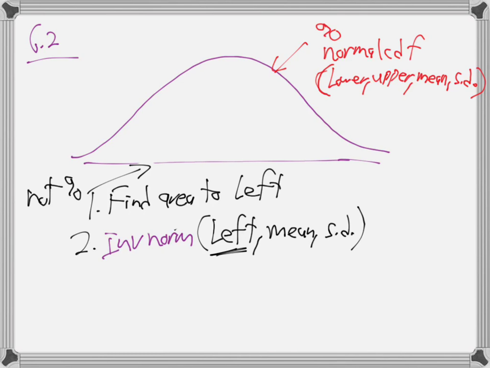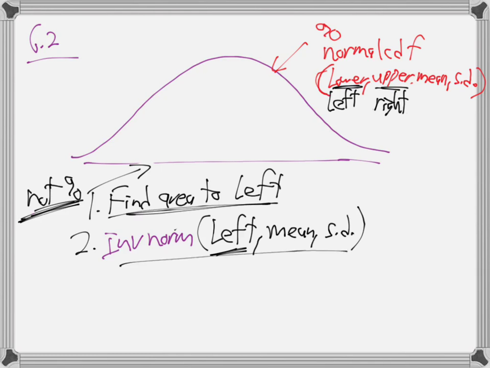You could call this left and right, lower, upper, same thing. We don't need to be worried about anything. But for the one on the bottom that is not percent, inverse normal, we have to first find the area to the left and then go to inverse normal.